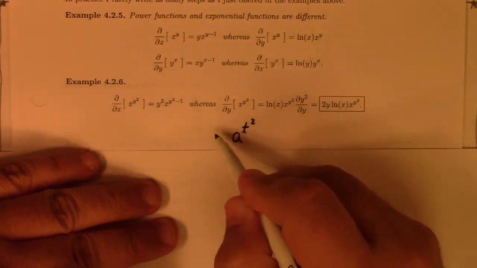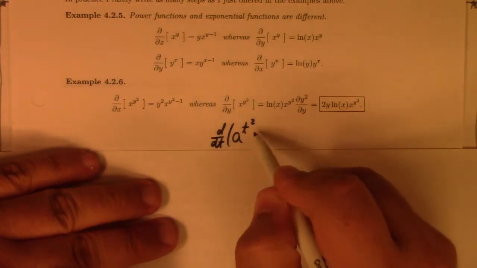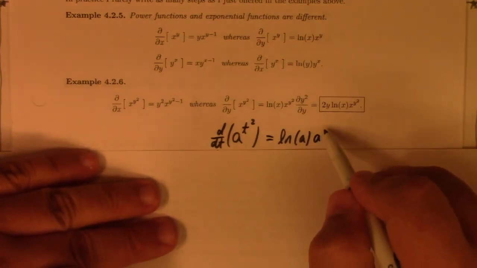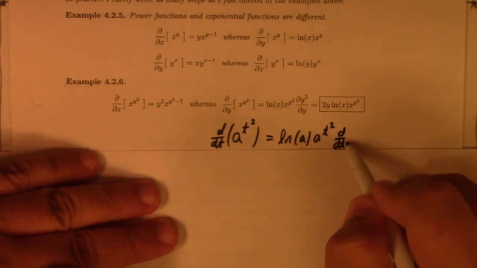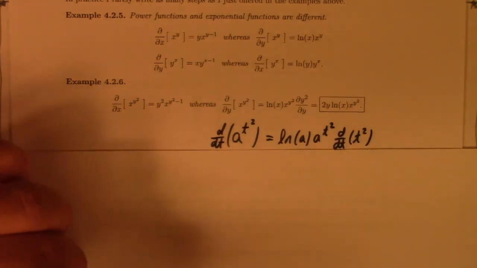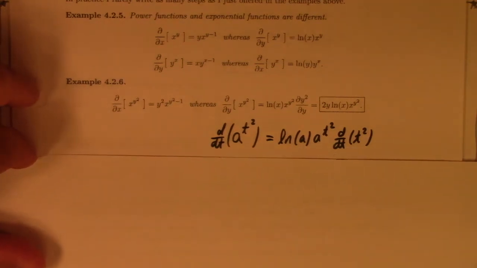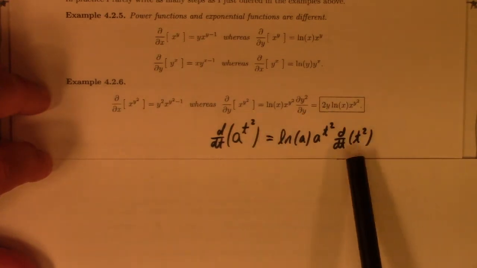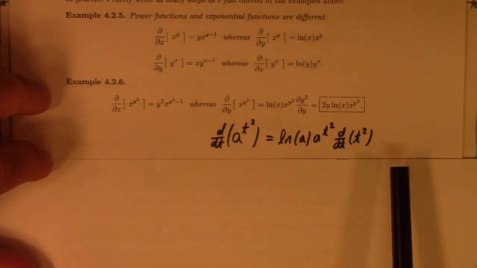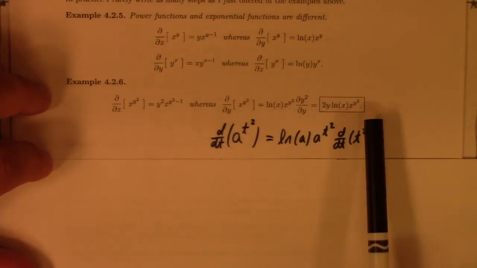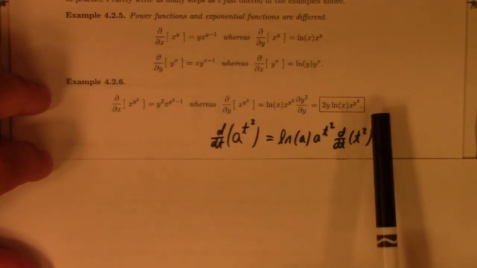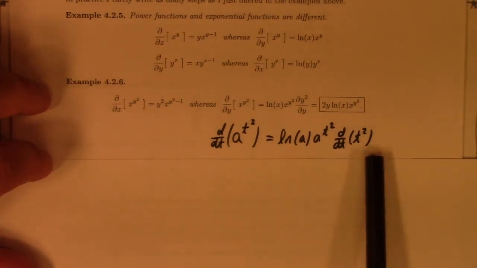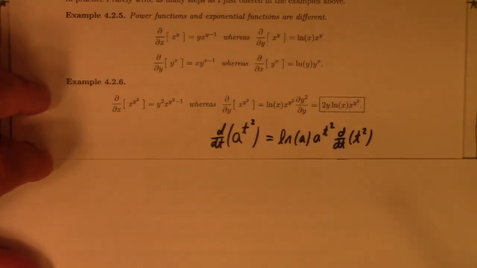If you do d/dt of a to the t squared, the way that works is the natural log of a times a to the t squared times d/dt of t squared, right? Well, maybe you forgot, but there it is. And so here the t is like the y, and that's why I end up with 2y natural log of x times x to the y squared. So this is the calculus 1 behind that calculation right there.